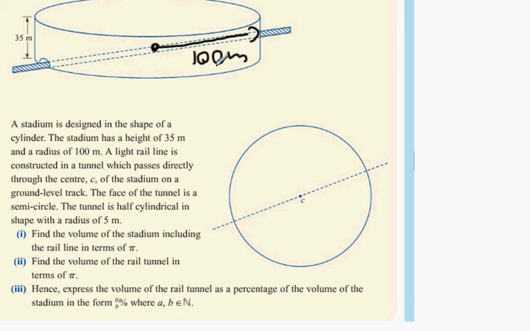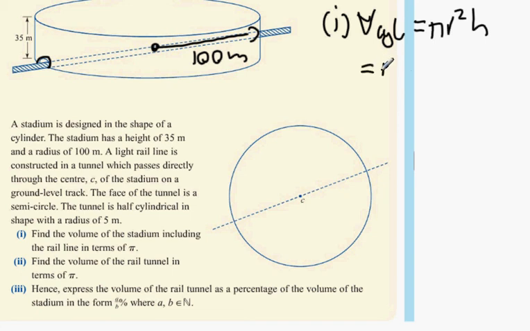So the first thing it asks is find the volume of the stadium including the rail line in terms of pi. So basically it wants me to find the volume of a cylinder. Okay, so I'm just going to put this for part 1. Volume of the cylinder is pi r squared h, and it wants it in terms of pi, so it's going to be pi times 100 squared multiplied by the height of it, which is 35. Put that in the calculator and it's going to be 350,000 pi, so it's actually quite a huge stadium.